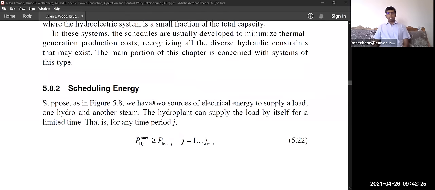Suppose we have two sources of electrical energy to supply a load, that is hydro and thermal. That is, one is hydro and another is the steam power generating unit.